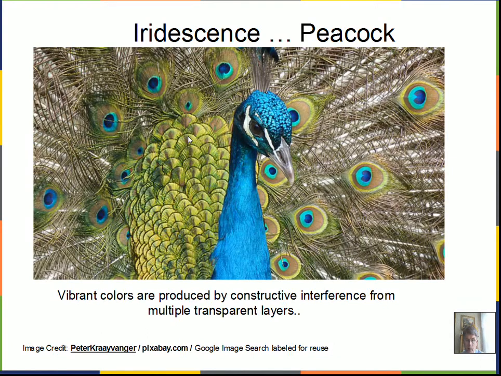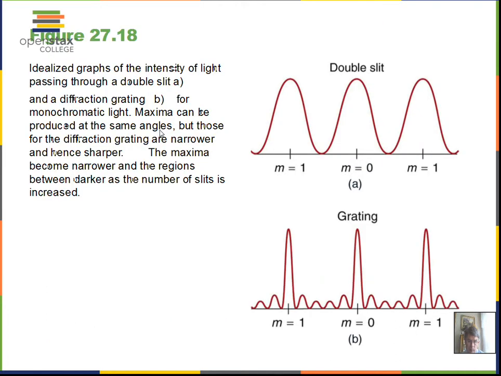There's no new formula. d sine theta equals m lambda tells us where the maxima are located. Maybe I should comment on why they only show m equal 1. Perhaps they show m equals 2. For the diffraction grating, the openings are separated by such a small number that it's easy for m equals 3 or m equals 4 to create a situation in d sine theta equals m lambda.